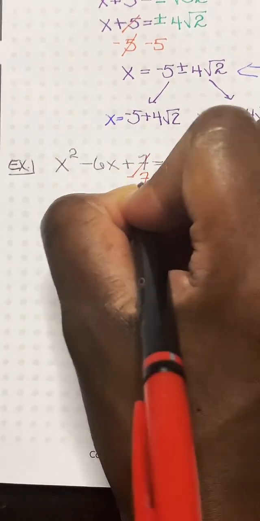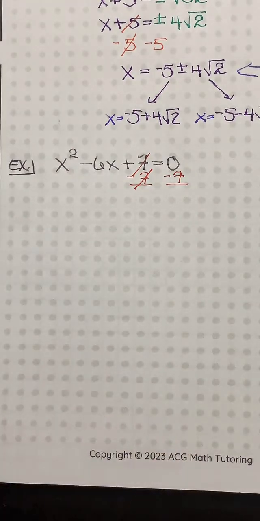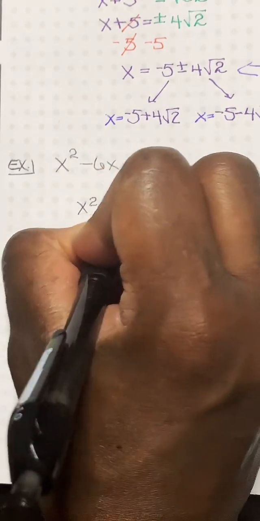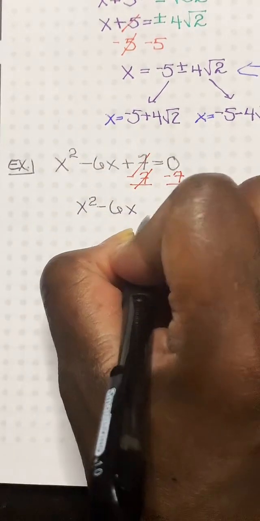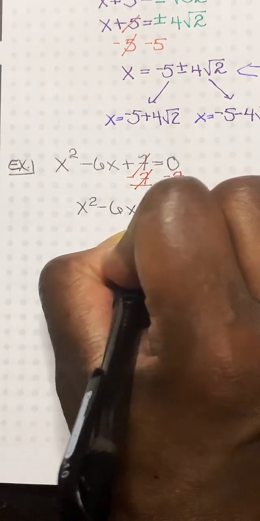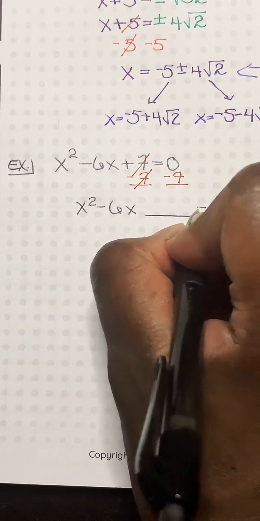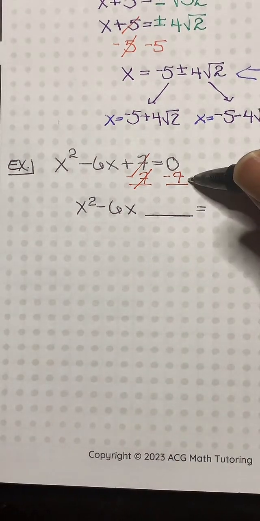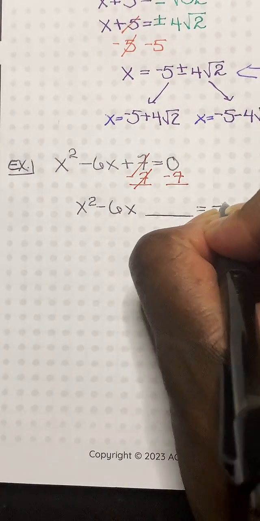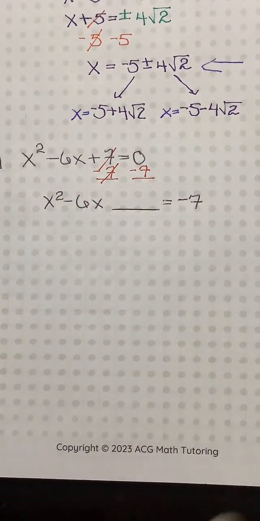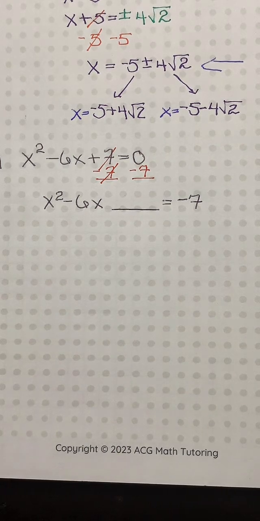So +7 and -7 will cancel out. And then what's left is my x squared minus 6x. And I'm going to put a little space because we're going to put something inside that space. Equals 0 minus 7 gives me a -7. Okay. Are we good with the first step?